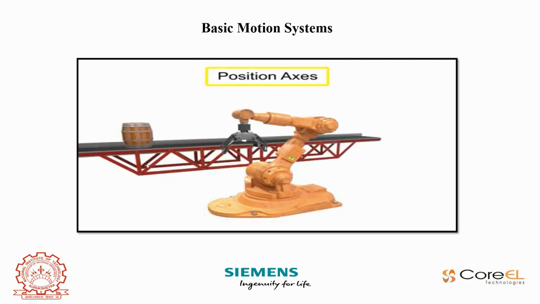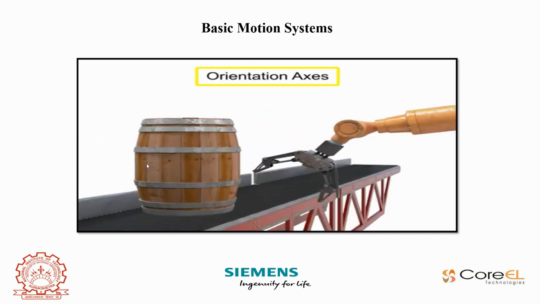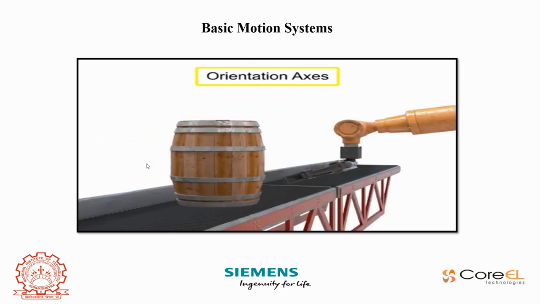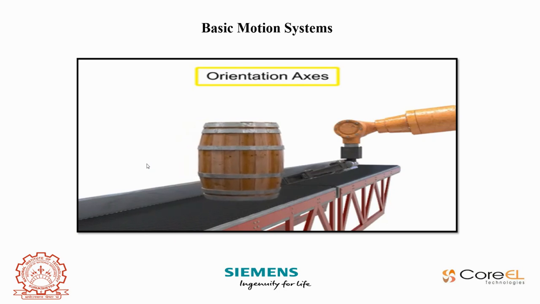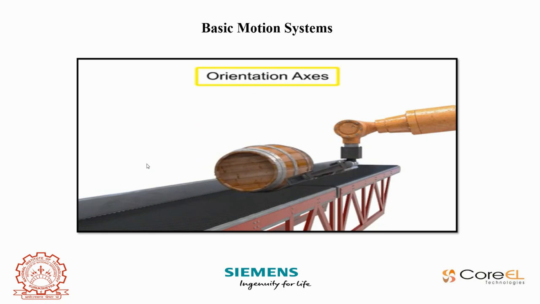While the position axes locate the tool in the work area, the orientation axes help orient the tool in relation to the workpiece. The types of movement along orientation axes are defined as pitch, roll, and yaw.